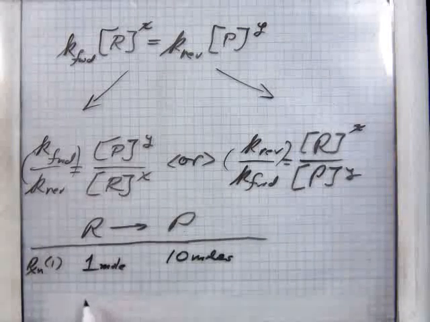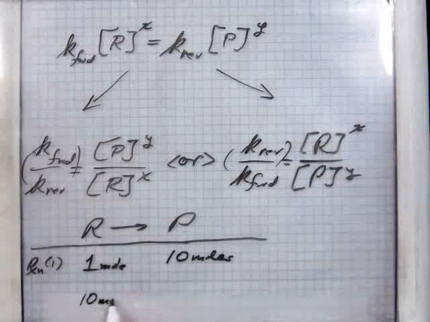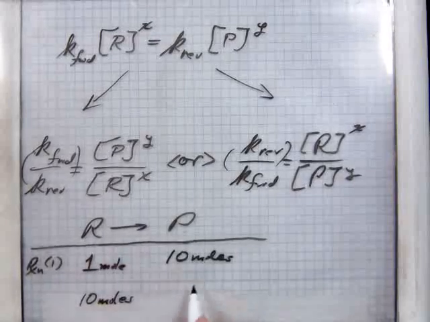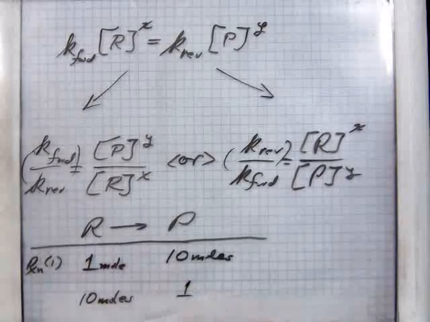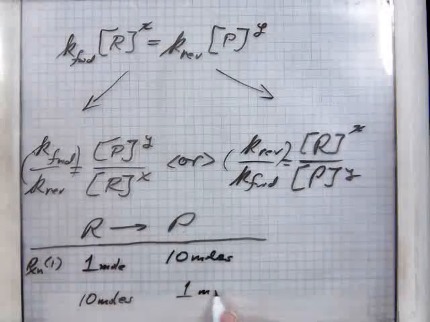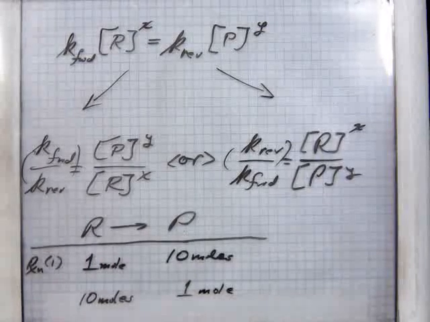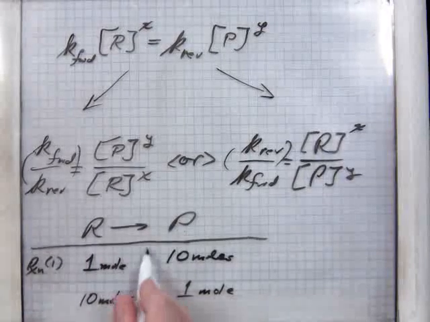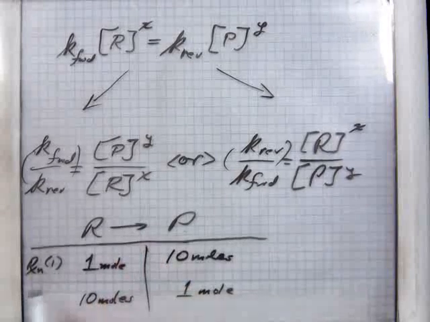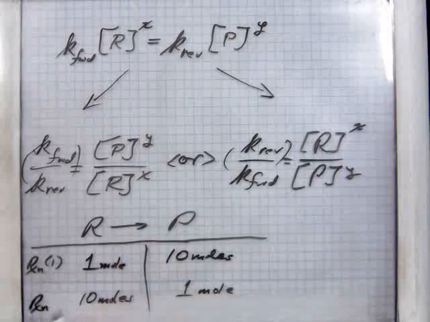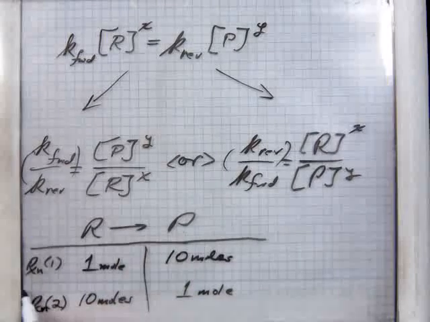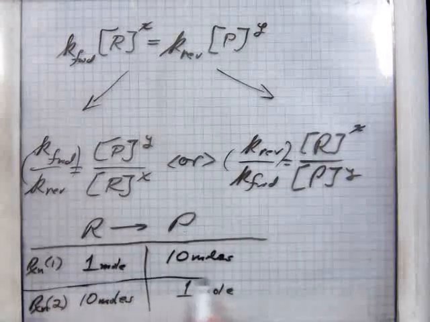That is, what if we started with 10 moles of reactant and it only delivered 1 mole when it reaches that equilibrium region? That would be a different reaction, number 2, like that.